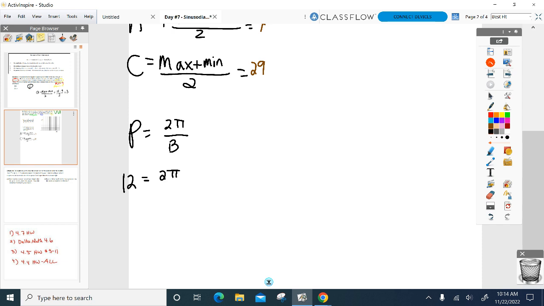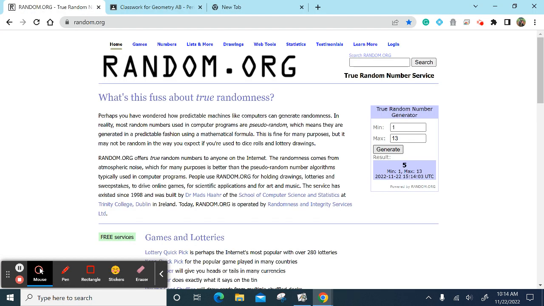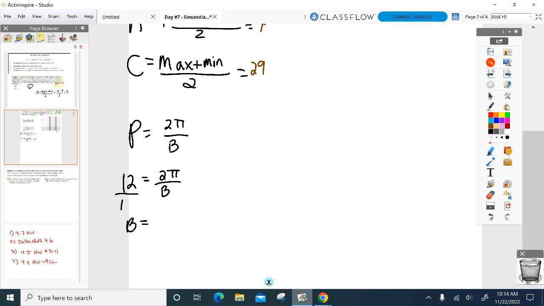So you guys need to cross multiply like we've been doing all unit long, and let me know what the B value is. Cross multiply, divide by 12. What's your B value? Frequency. Pi over 6. Everyone all right?